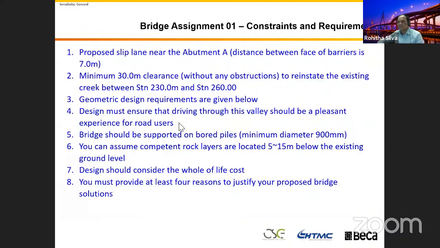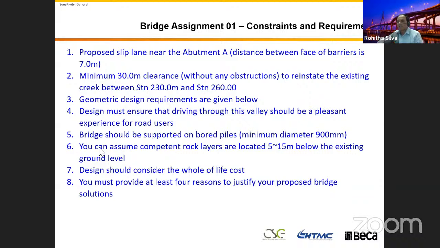So then the question I asked: I gave the constraint requirements as I explained before, and the geometric requirements given, and the bridge should be supported on bored piles. You can't work on a spread footing. I never recommend a bridge to be built on a pad footing unless it's competent rock.